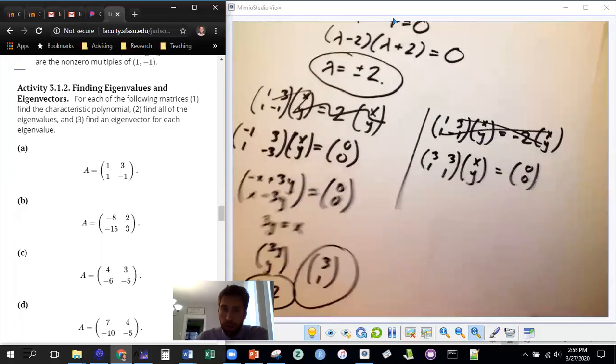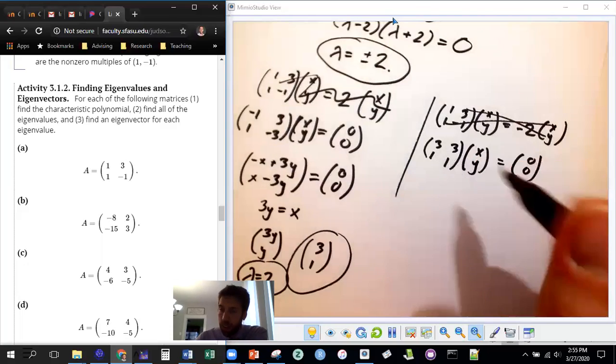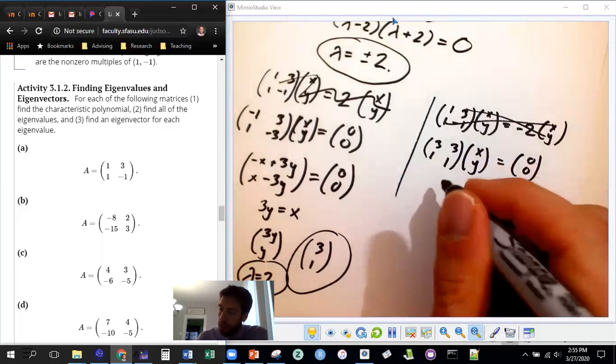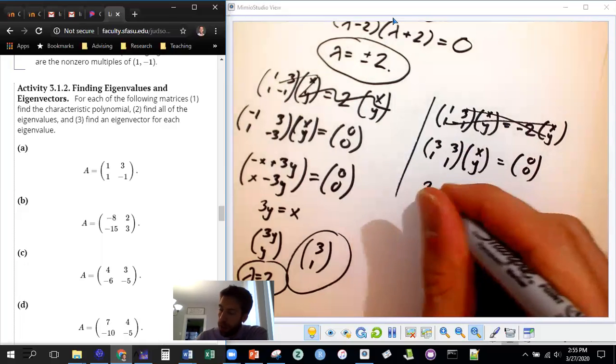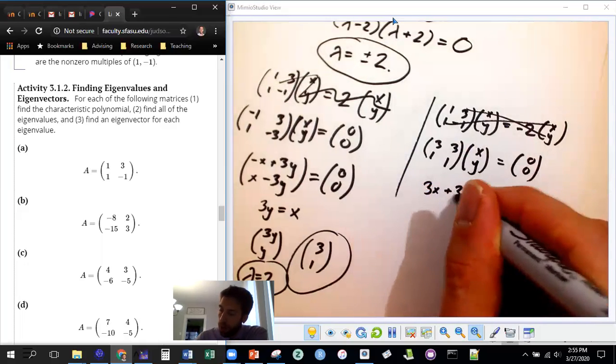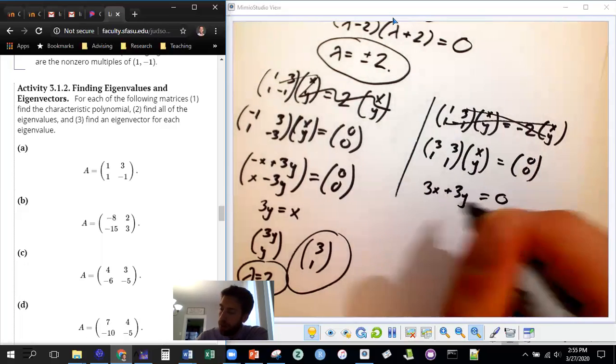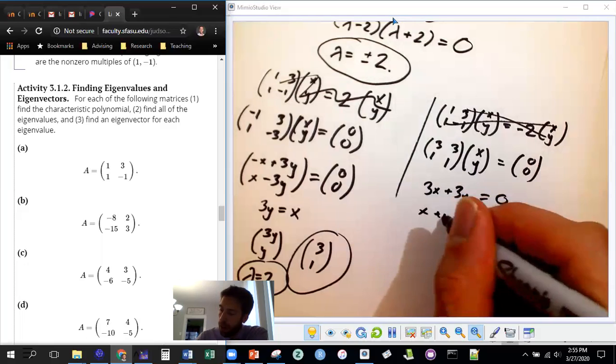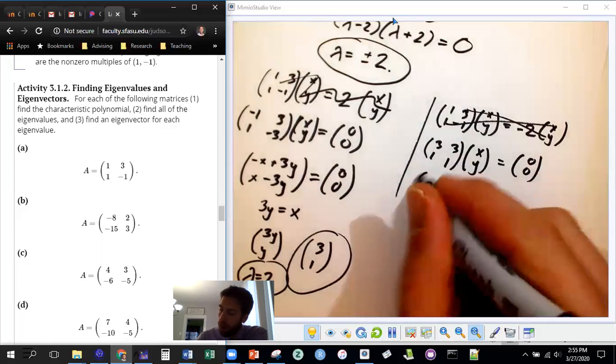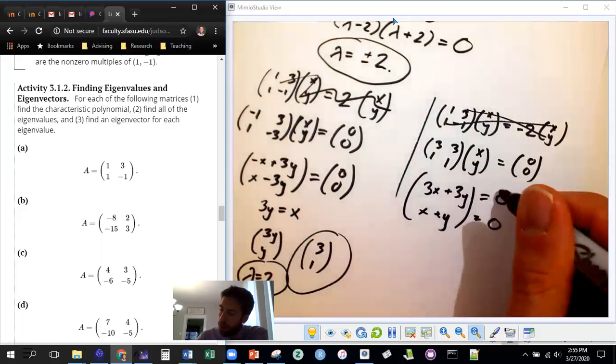Okay, now just like last time, I basically have the same equation here when you do the matrix multiplication. So row times column, you have 3x plus 3y equals 0, and then you have x plus y equals 0, because you have this vector equals that vector.